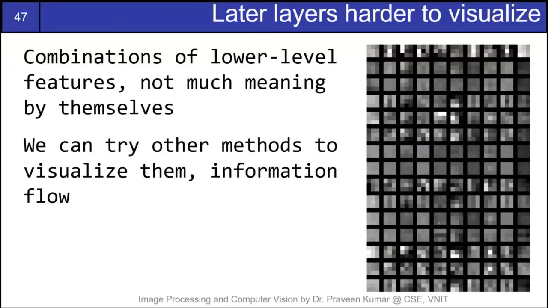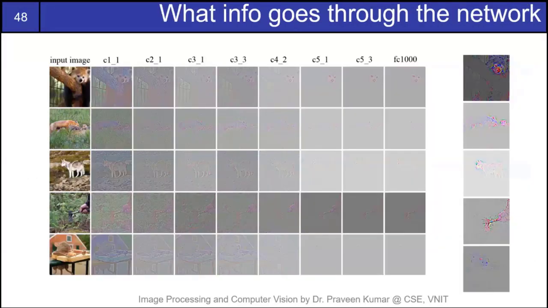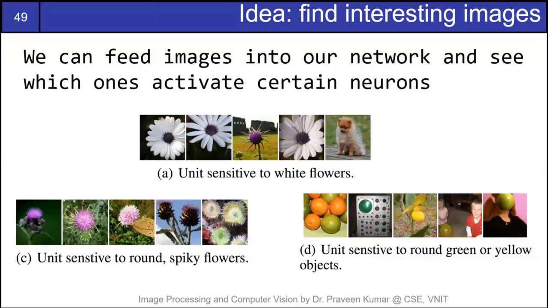So some work was done on visualizing what features these CNN layers are learning, and they used some data flow methods. I am skipping this, but they could verify that some meaningful part of the image, which was basically the focus of that particular class, was getting learned at different layers, and they could do it for each layer.